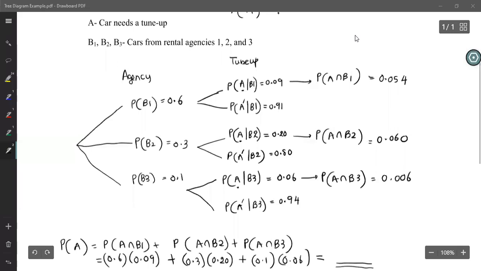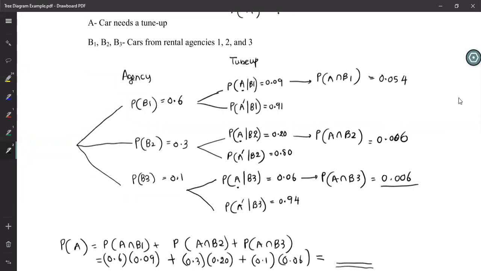Did I make a mistake? Point 1, 2. Okay. Where did I make a mistake?